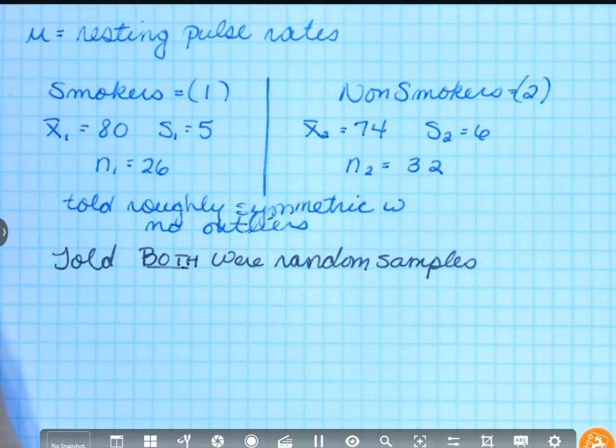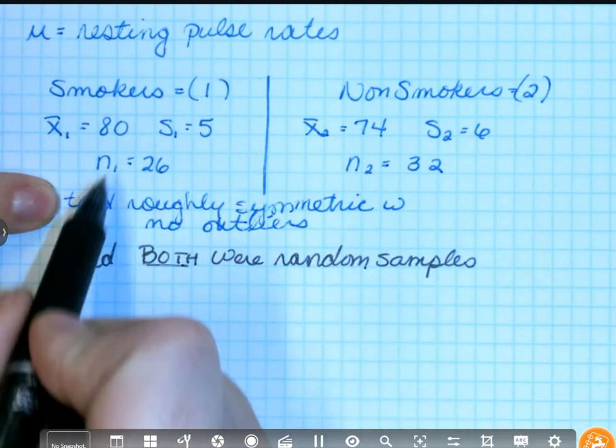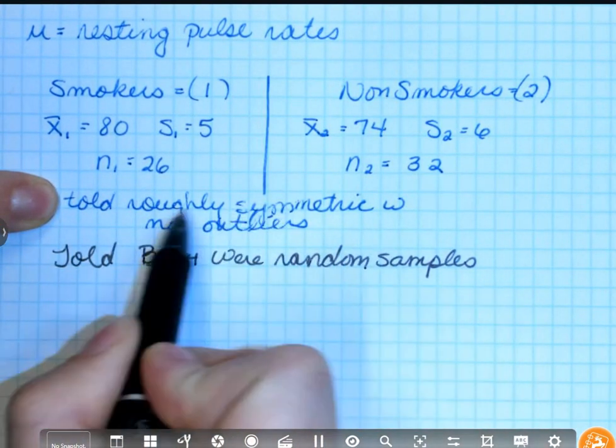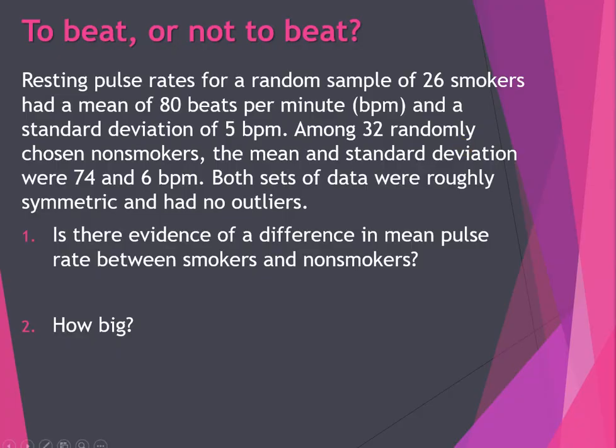The nearly normal population assumption. What do we have? Come on, guys. What did I give you? Both sets of data were roughly symmetric and had no outliers.